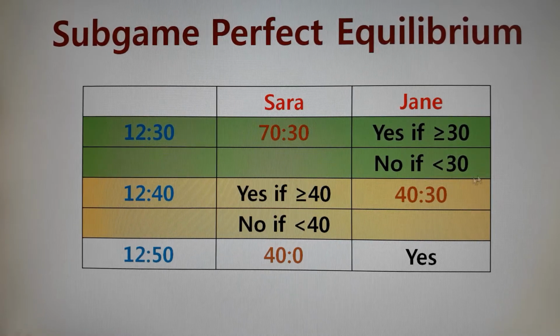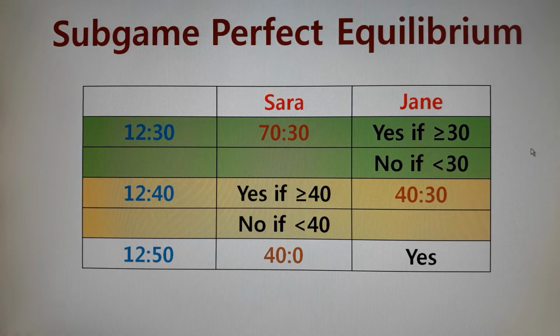If strictly less than 30, Jane would say no. Knowing this, Sarah knew that as little as 30 should be offered, so 70 and 30. Then, Jane says yes, so the game ends here.